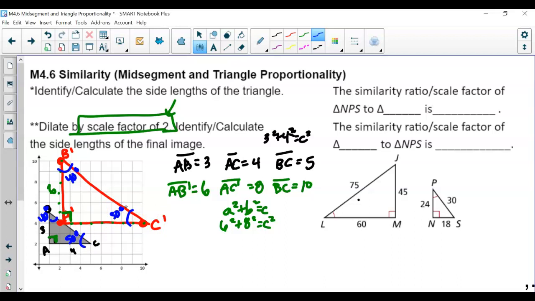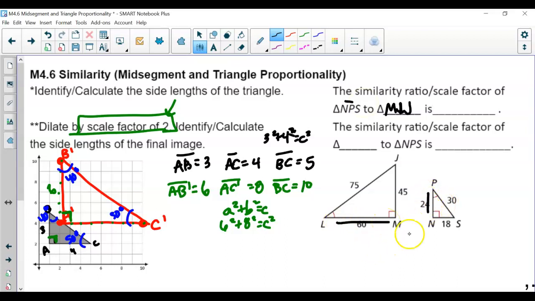So then here, if we now take away the grid, it's all the same concept. If I wanted to know what was the scale factor going from NPS to, so order matters, right? So if it's NPS, then it's going to be what? MLJ. So notice here how NP is corresponding with ML.